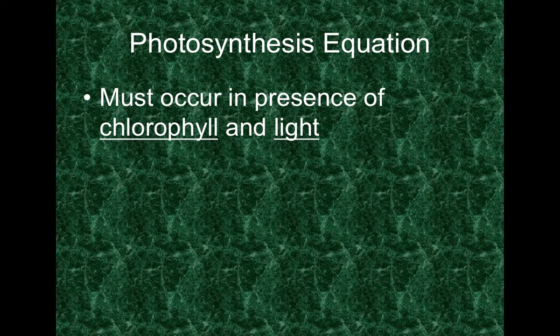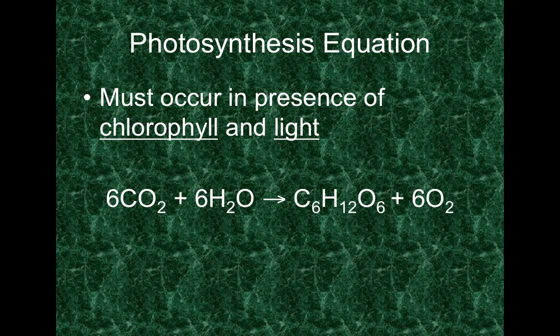Now, keep in mind that photosynthesis has to take place in the presence of both chlorophyll and light. I can't just put these things together and have it magically happen. We need to have the chlorophyll, and we need to have that light energy coming in. So here is the reaction. We need 6 carbon dioxides and 6 waters, and that's going to give us glucose, C6H12O6, a formula that you should recognize, and 6 oxygens.